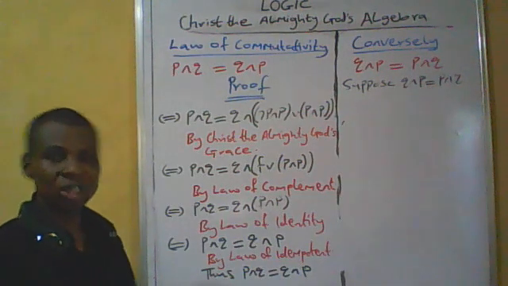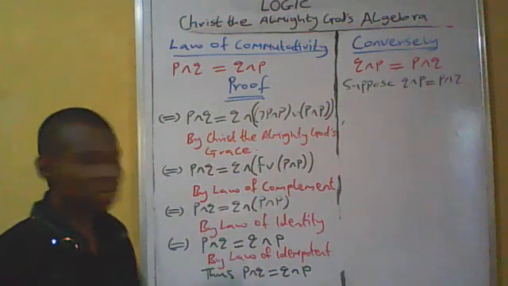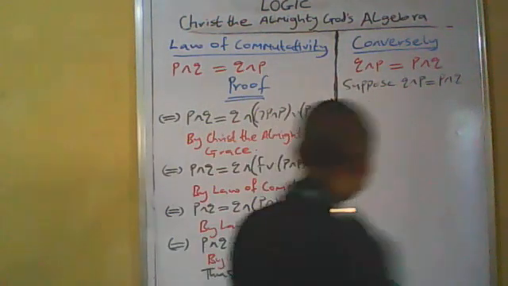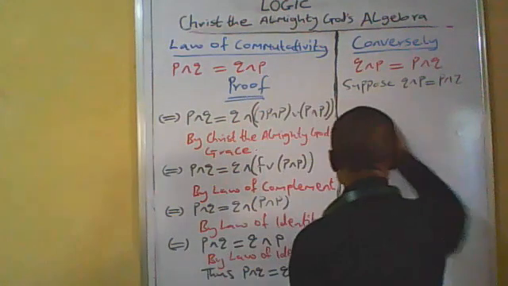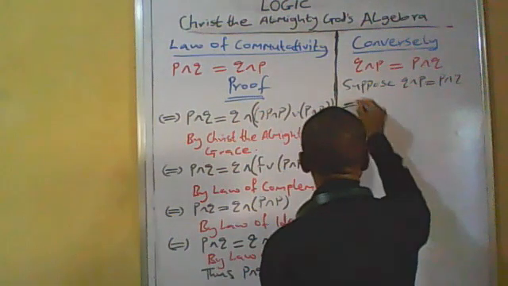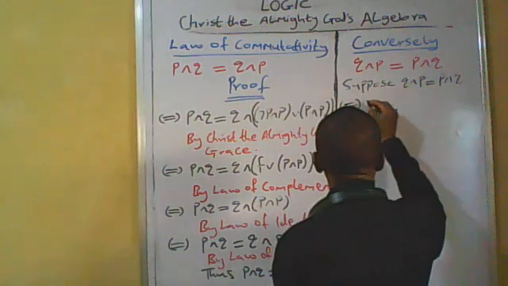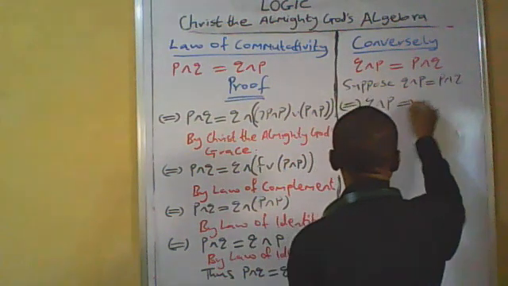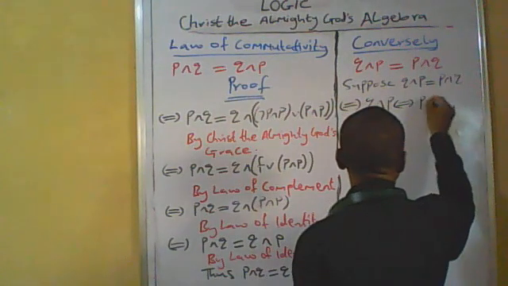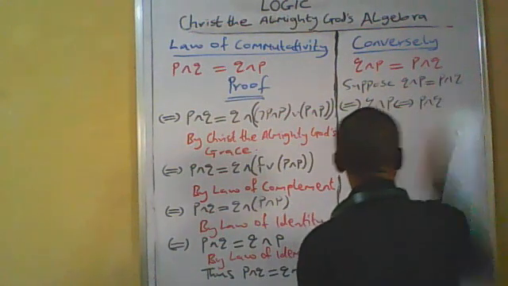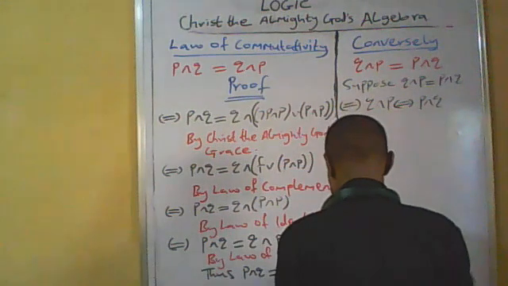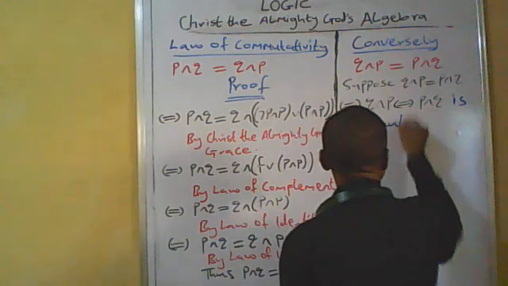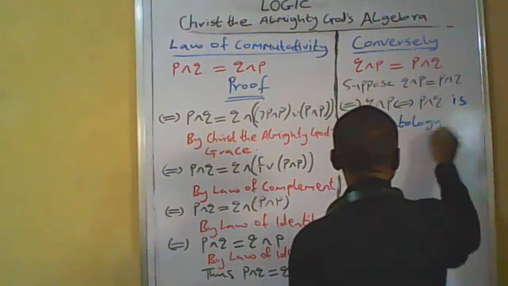So we assume that it is true, and we are going to prove that it is true. It is our hypothesis. Say if this is true, this also must be true. Q and P if and only if P and Q is tautology.